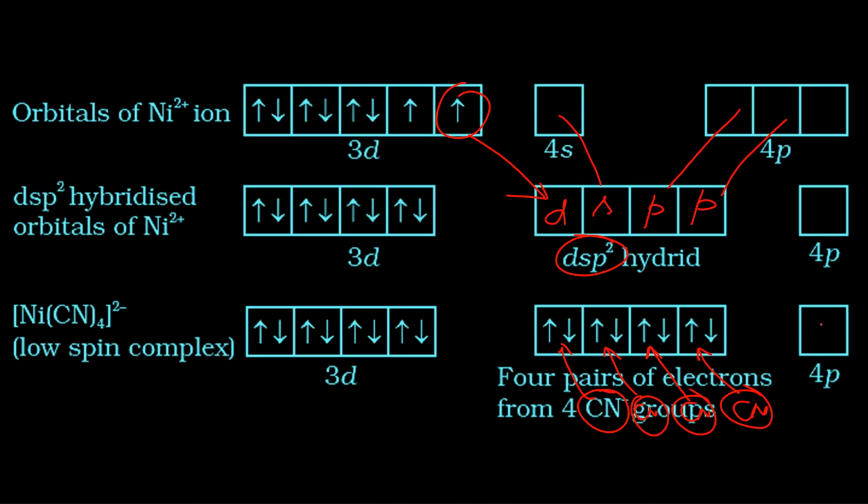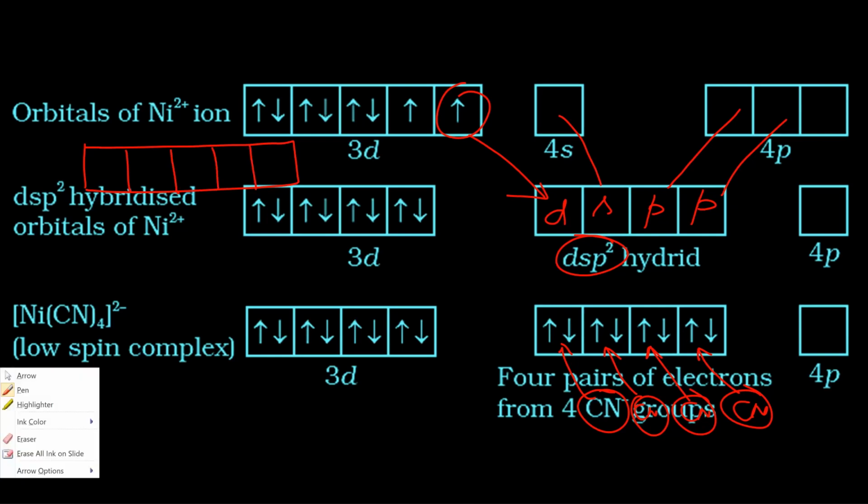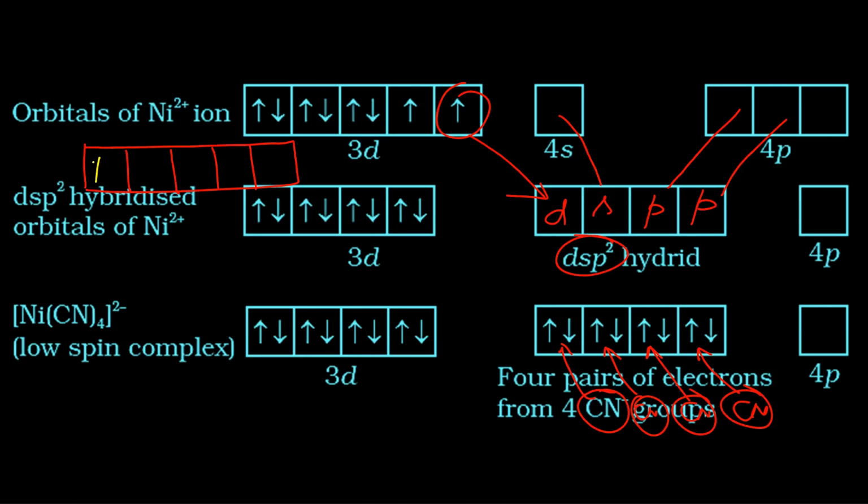But there might be a possibility, even if pairing is taking place, that the configuration is like this. Now, if pairing takes place, will you have unpaired electrons?